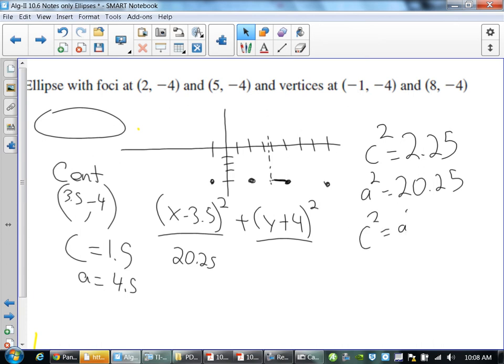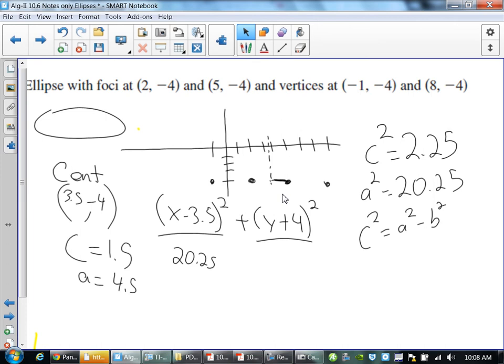I'm trying to find 2a minus c. 22 and a half. Yeah, this is supposed to be 18. So 20 1/4 subtract 18 gives you 2 1/4.